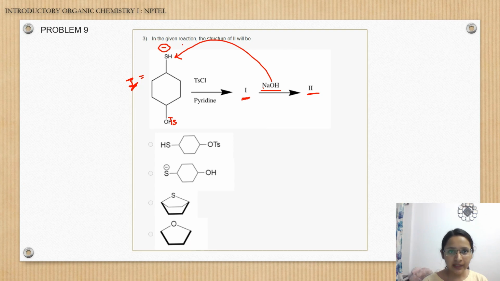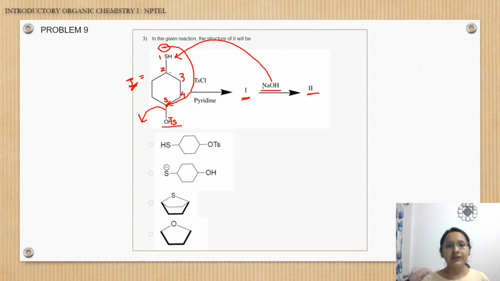See, this sulfur as an anion, and you have a leaving group here. It will attack this carbon, and this leaving group leaves out. Now, what is the driving force for attacking this particular carbon? Now you will end up having how many carbons in the ring? 1, 2, 3, 4, and 5.